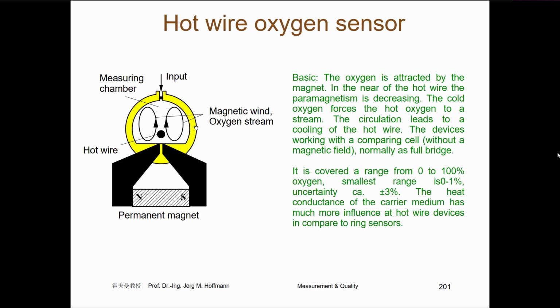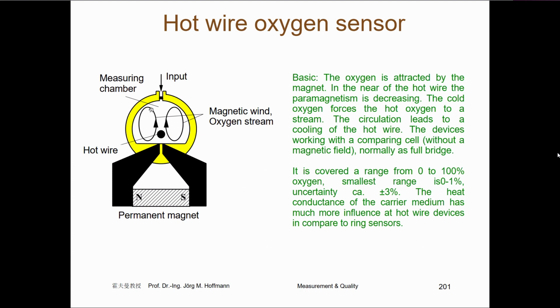So the other ones, I think I can shorten a little bit, because that is every time the same principle. You have a magnet, you put the gas in, and here you have a hot wire, and you get what we call a magnetic wind, because when it's heated up, the oxygen becomes less magnetic.